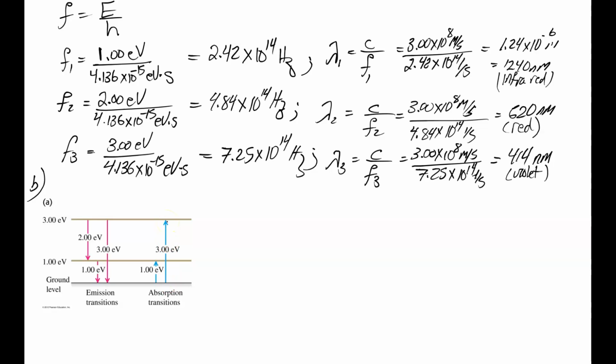The 2 electron volt photon cannot be absorbed because the atom has no energy level 2 electron volts above the ground level. So it will be only the blue lines that we see in this graph that will dictate what absorbed wavelengths we will have.